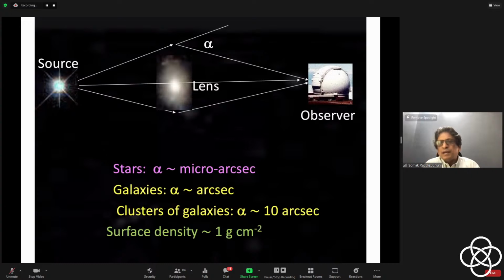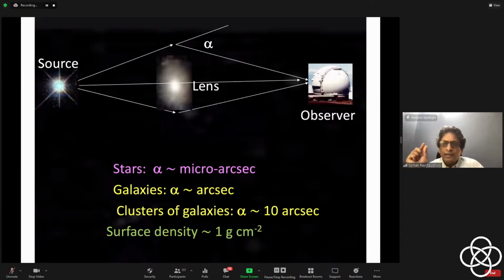It can be measured by VLBI and things like that. As you know, the pictures that you've seen of the black hole in M87 have a resolution of about 10 micro arc seconds. And that was done by interferometry using a very large array of radio telescopes all over the world.